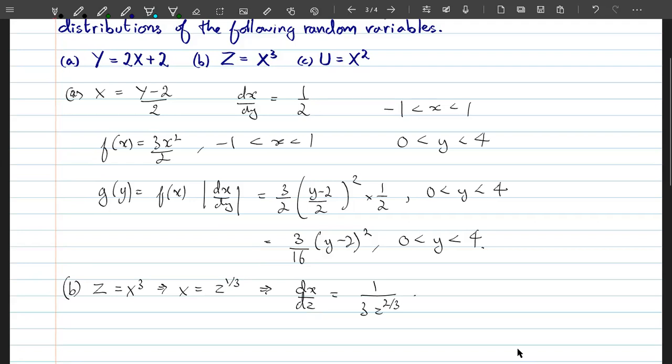And also minus 1 less than x less than 1 implies we require this also. So minus 1 less than x less than 1 implies x cube also lies between minus 1 and 1. So that is z lies between minus 1 and 1.